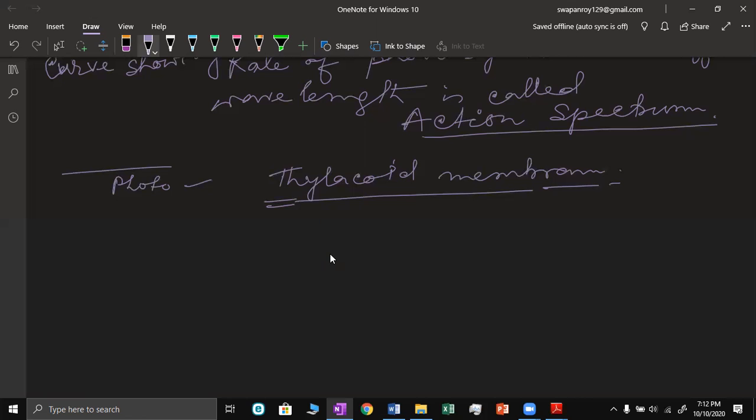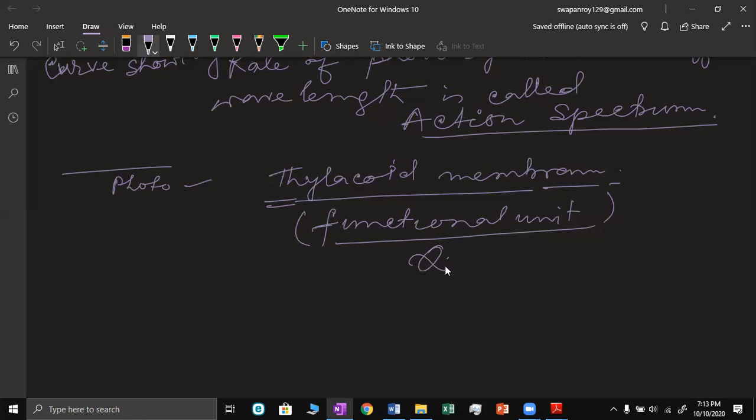So many molecules of photosynthetic pigments unite together; in a group, they make a functional unit.